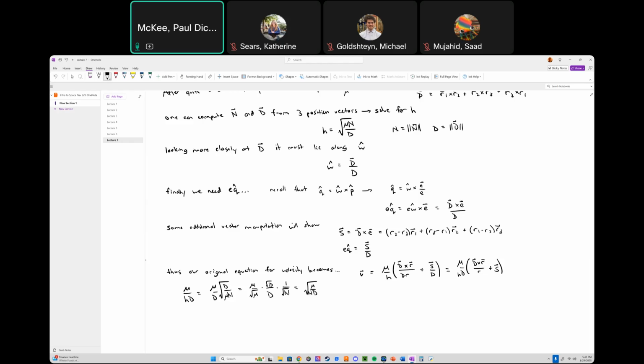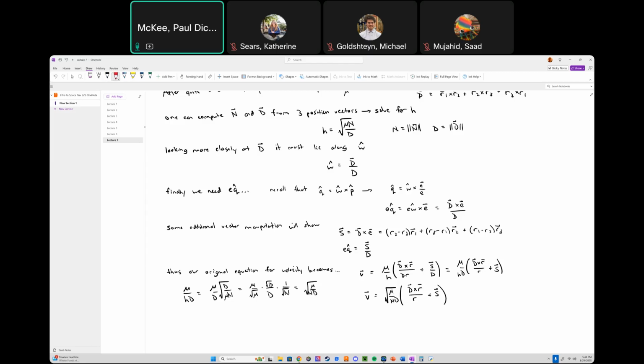If you wanted to, you could just go through and manually compute h. We're going to make this substitution here. H is square root of mu D over N. And by the time we're done, we end up with this vector equation, which is our final answer, by the way. Velocity is square root of mu over N D, open parentheses, D crossed R over R plus S. And that's it.